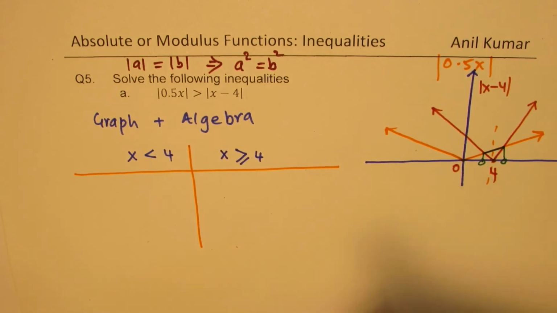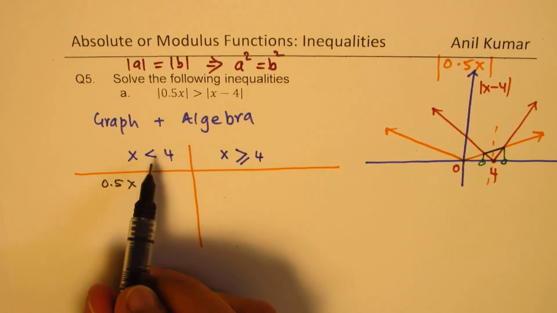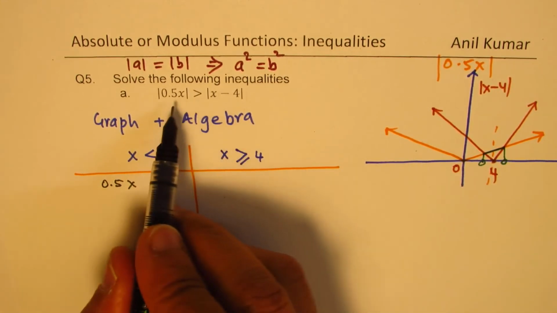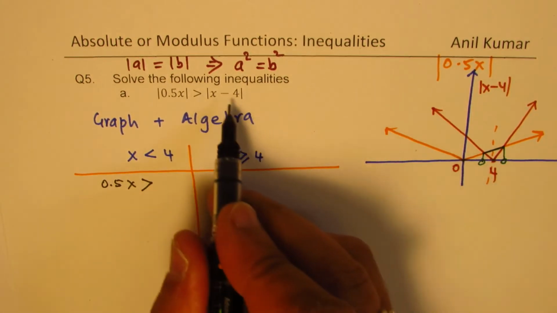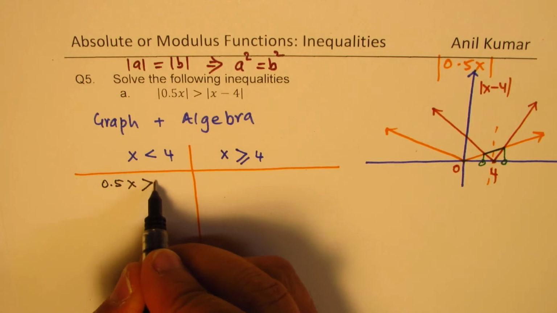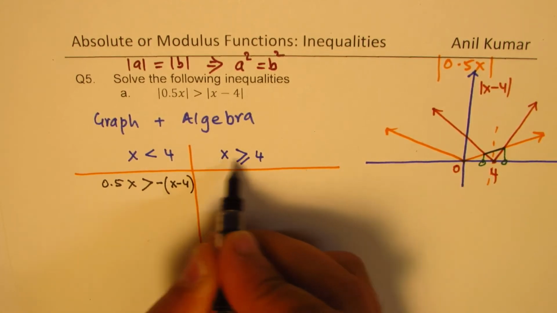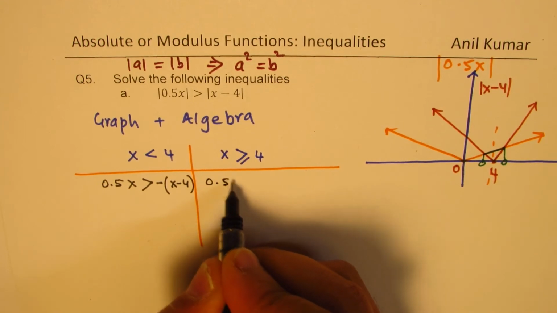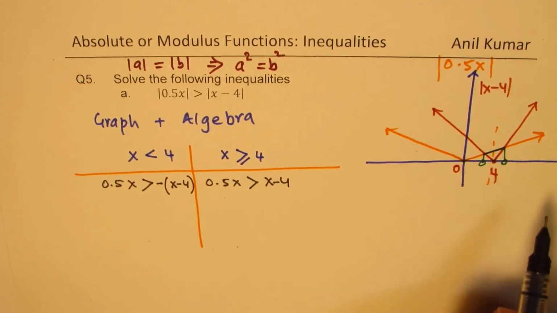So here the 2 inequalities become: 0.5x is greater than the negative part of x minus 4. Do you understand? So it is the negative part of x minus 4. And on this side, 0.5x is greater than the positive part of x minus 4.